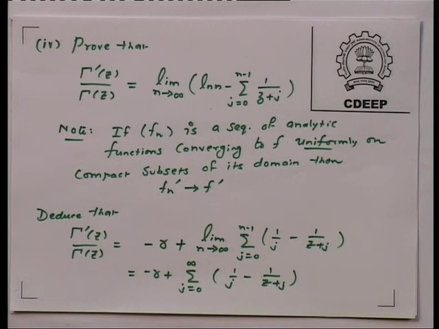Another unfortunate thing is I am not able to discuss modern developments like Fuglede's theorem on the generalization of Villon's theorem. I don't think I am going to get time for that.